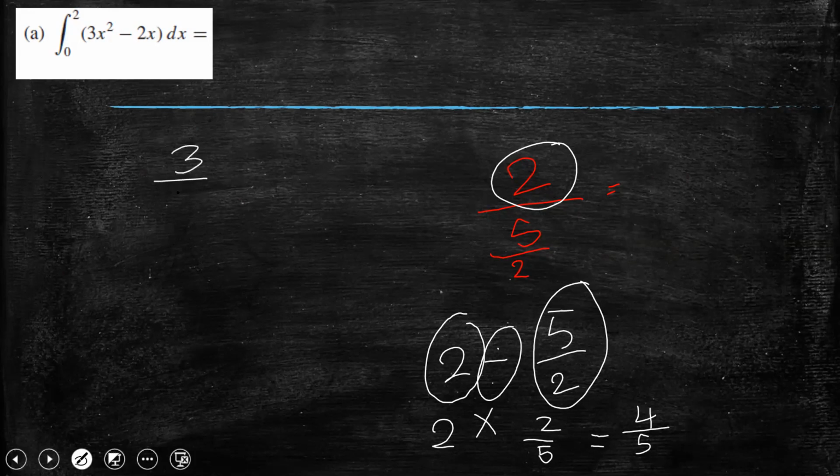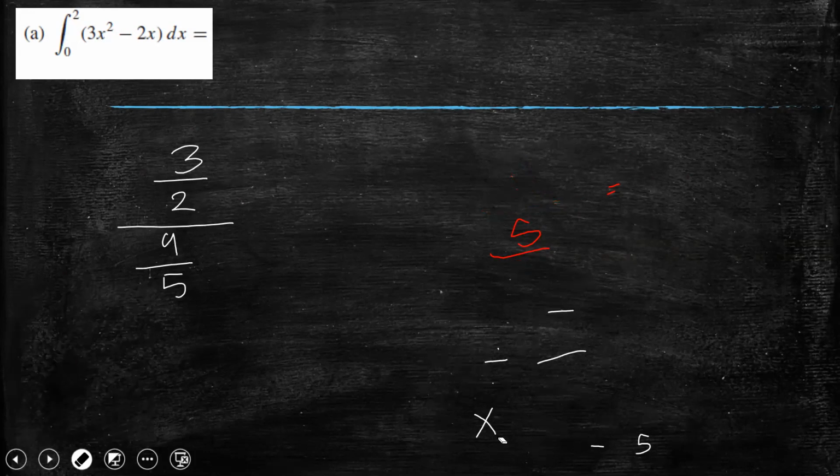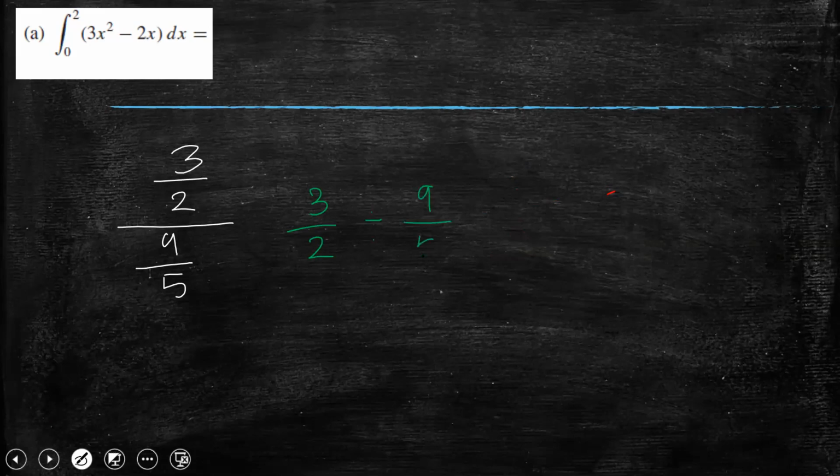Now look at here. If you have 3 over 2 divided by 9 over 5 as an example, you have a fraction divided by a fraction. So it is like 3 over 2 divided by 9 over 5. The first step, keep the first fraction as it is, change the division sign to multiplication and write the reciprocal.